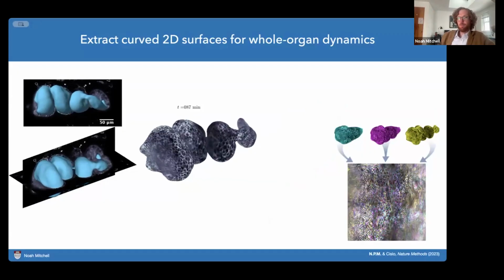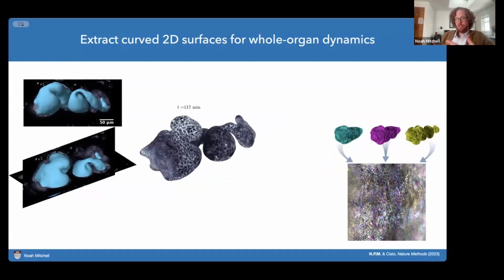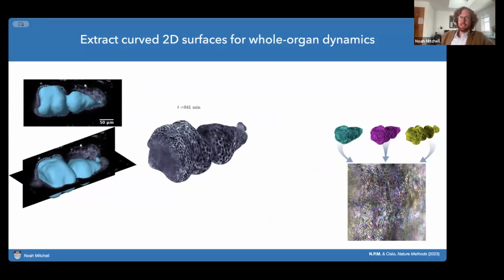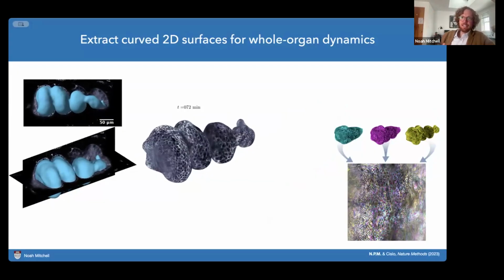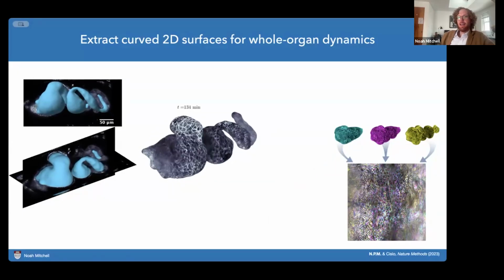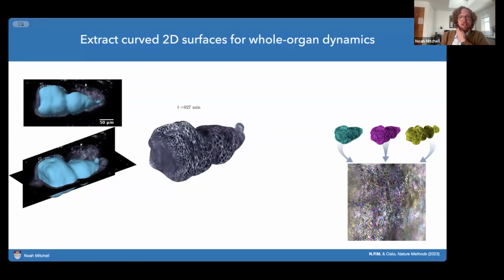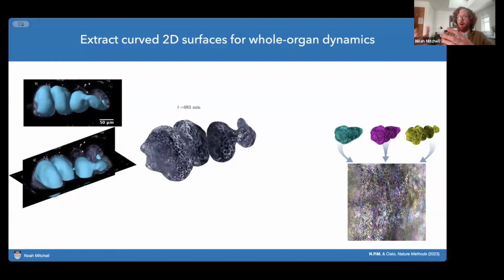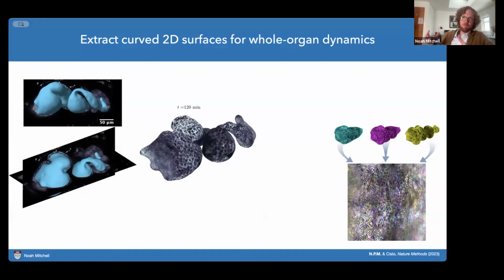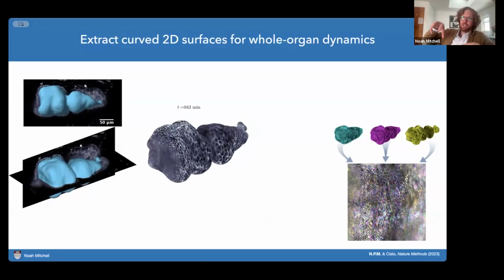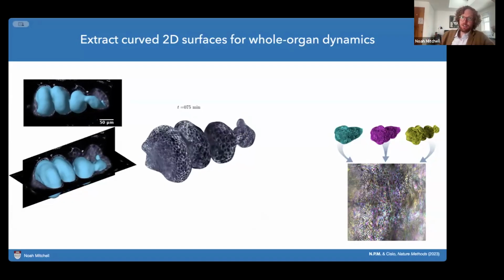And so what we do is we build projections of this tissue surface onto a Lagrangian frame. This has been published for a little while, so I won't go into the details unless it comes up in the questions. I'm happy to talk about it. And so here, even as the tissue changes shape in 3D, it's always mapped back to an image which is roughly the same. So any given tissue patch doesn't really move around in the Lagrangian frame.